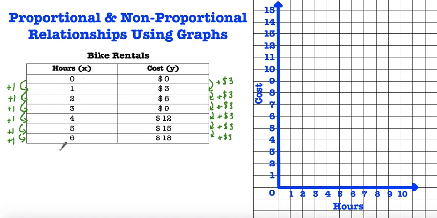So in order to check to see if it's proportional or not, we do have to see if we have equivalent rates. So if the cost is $3 for 1 hour, we have to see if it's equivalent to the rest of these. So we have $6 for 2 hours. Then we have $9 for 3 hours.